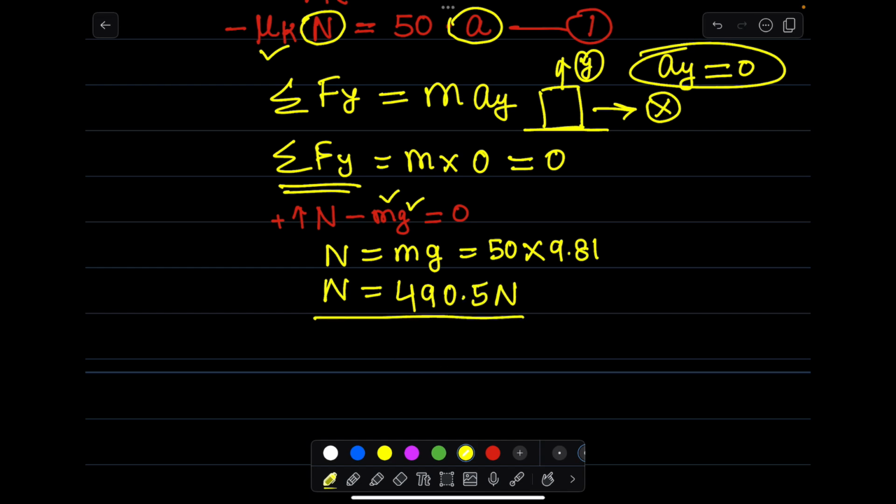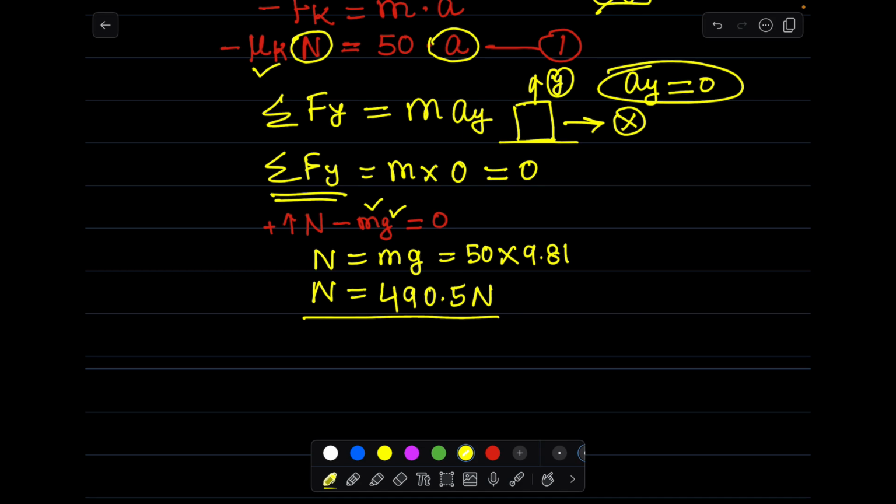This is our n. Okay, now we will go back to our equation 1, and in equation 1 you can see here, this is my equation 1, so I will bring it here and I will write minus mu k multiplied by n is equal to 50a.